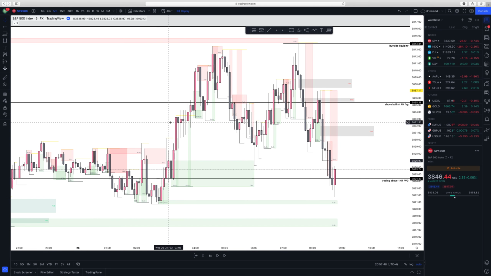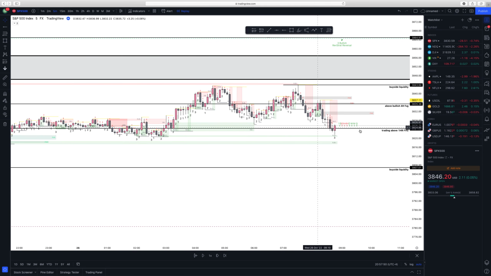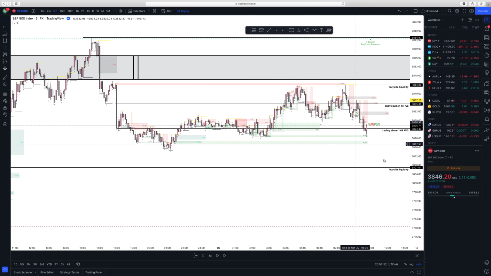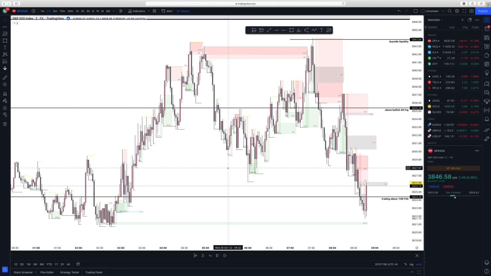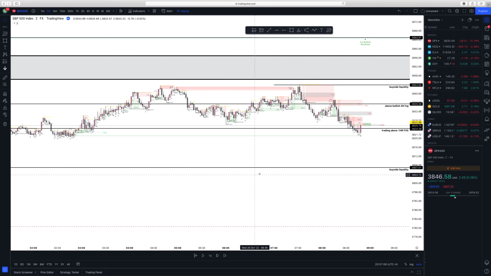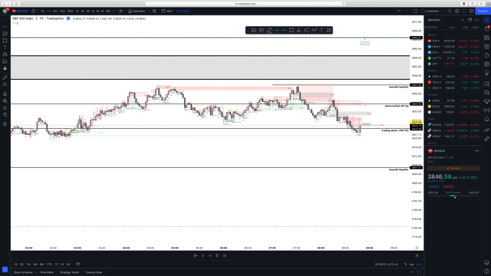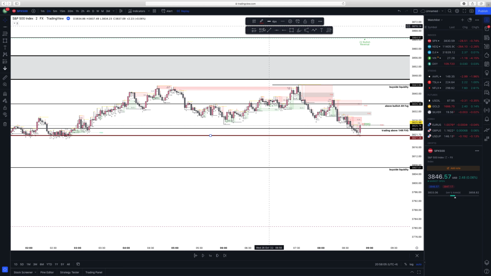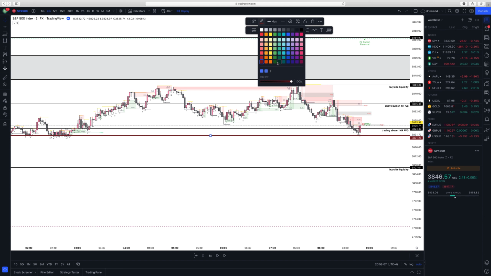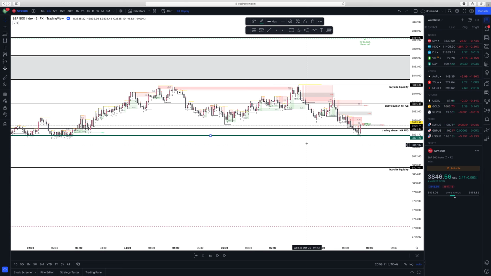Going down to the 5-minute chart, you guys can see how it's holding on every level. Going to the 2-minute chart, you can also see on the lower time frame how it's holding above a bullish rejection block. So I'll make this line green.